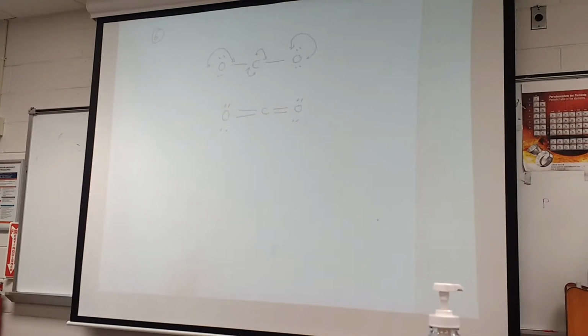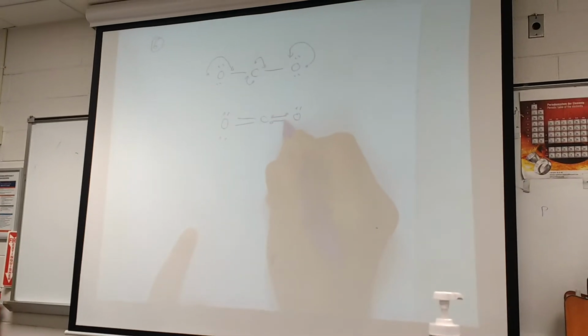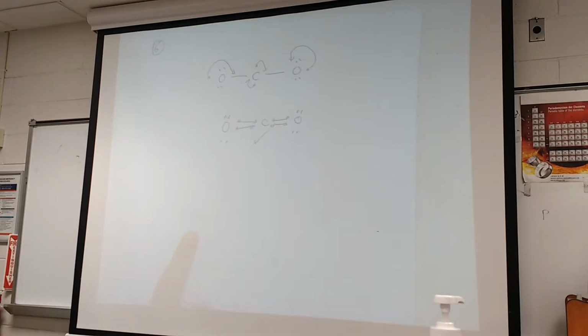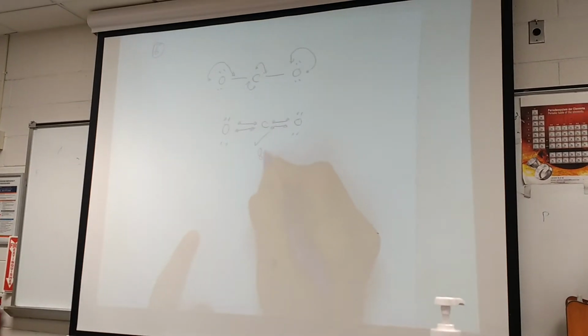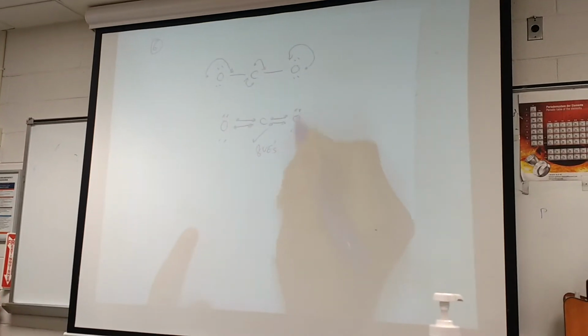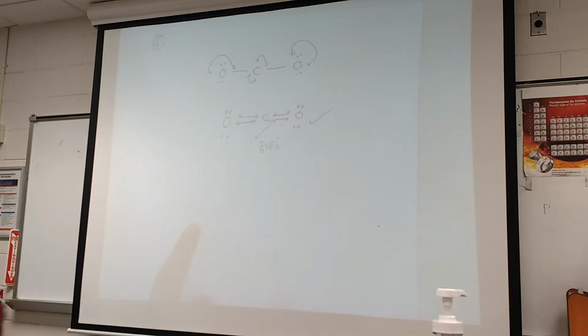Now, if I look at this, 1, 2, 3, 4, 5, 6, 7, 8. Carbon is good. Octet rule is good. 8 VEs. How about oxygen? 1, 2, 3, 4, 5, 6, 7, 8. That's correct.